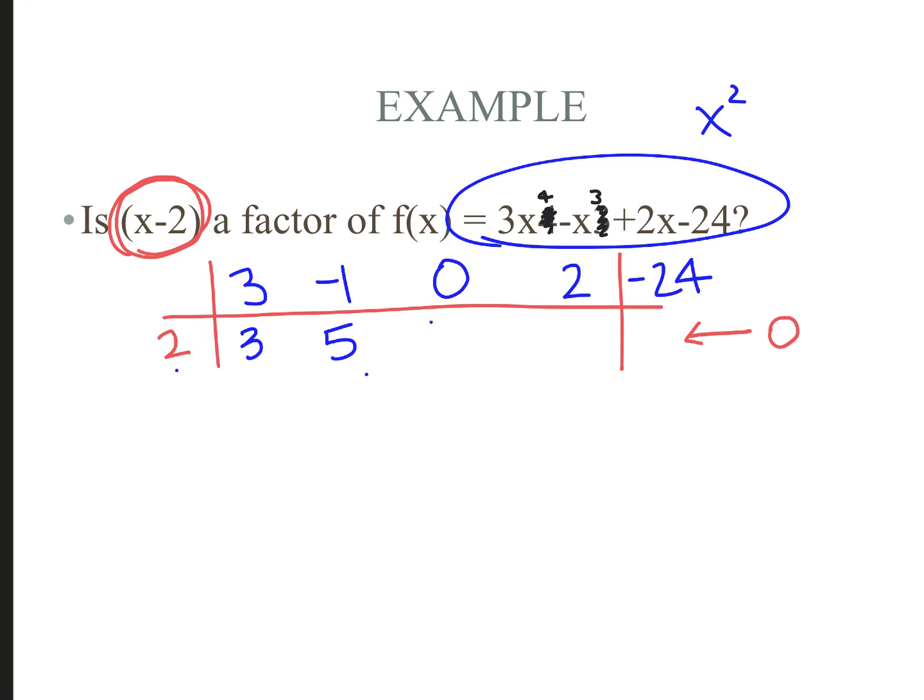Multiply, giving you 10, and add. Multiply, giving you 20, and add. Multiply, giving you 44, and add, giving you 20. Since I don't have a 0, this is not a factor. Okay, if that had come out to be 0, then the answer would have been yes.